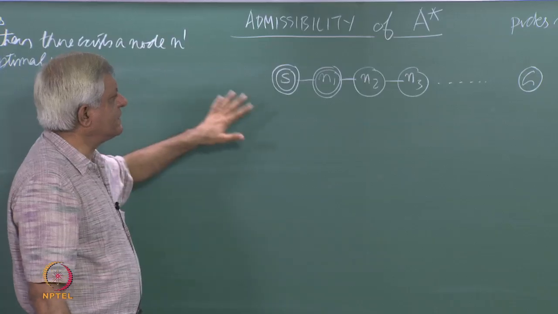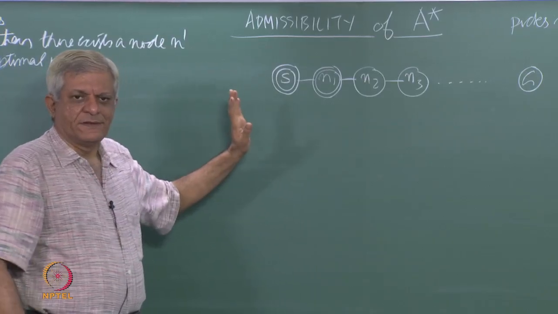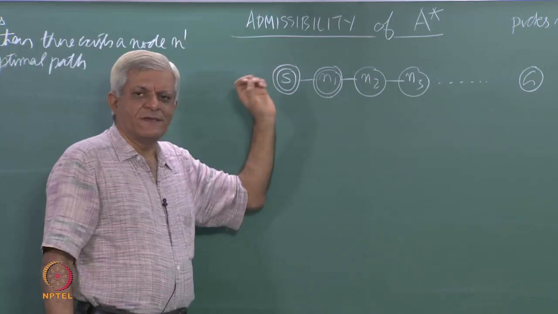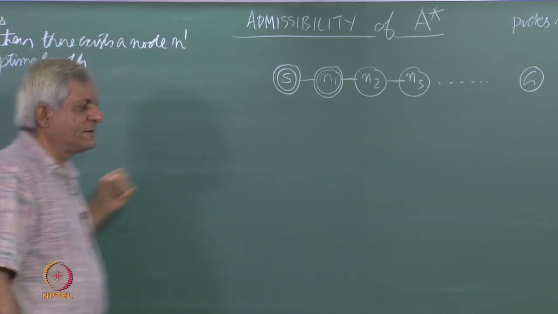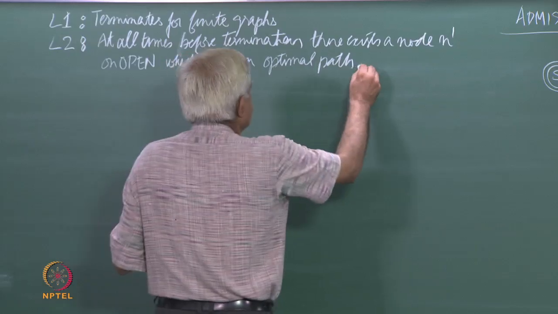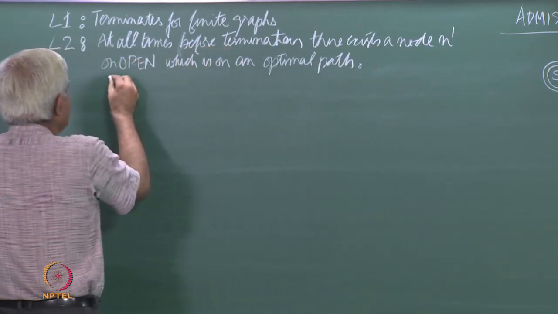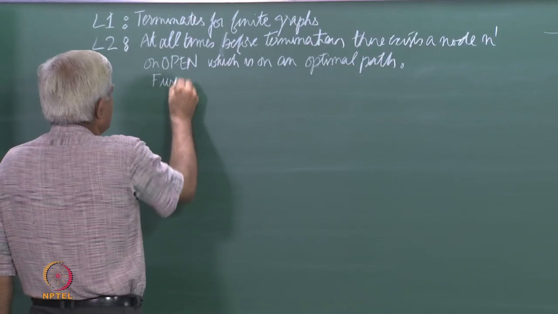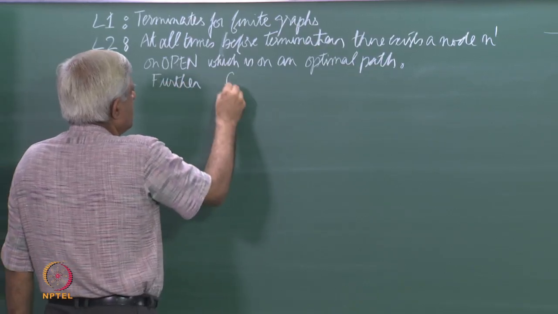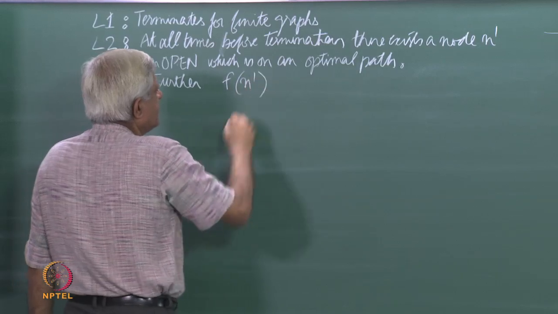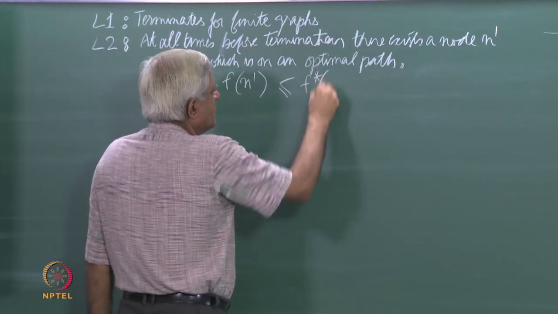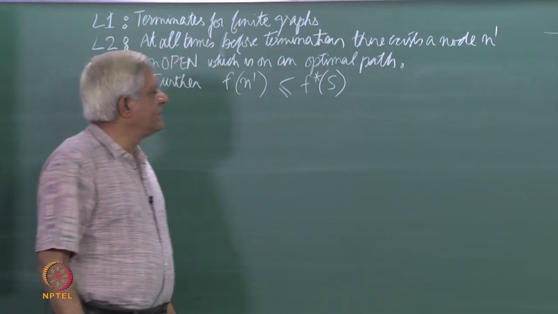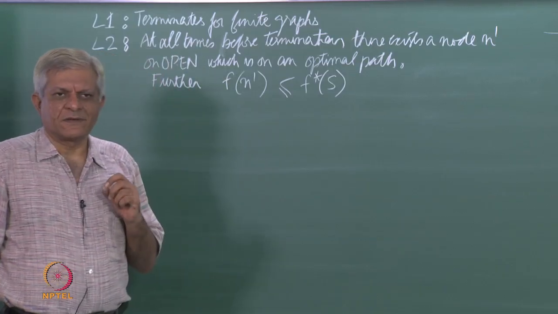So, this condition says that at any time one of these nodes is always in the open, which is available to A star to inspect next. Further, we say the F value of this node is always less than or equal to the optimal cost.